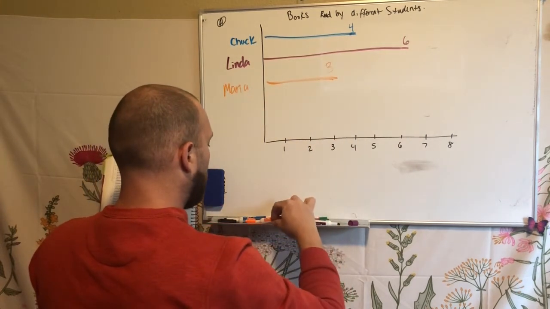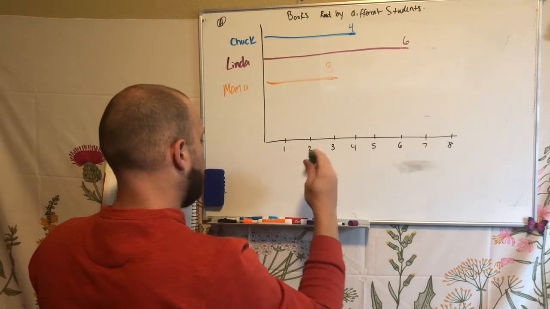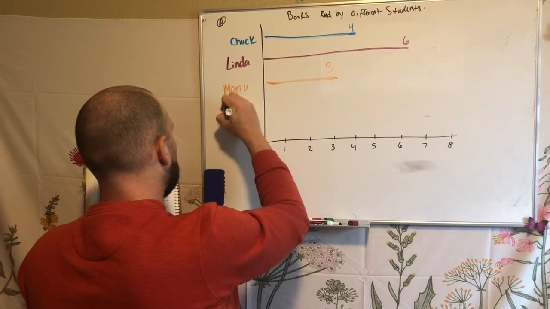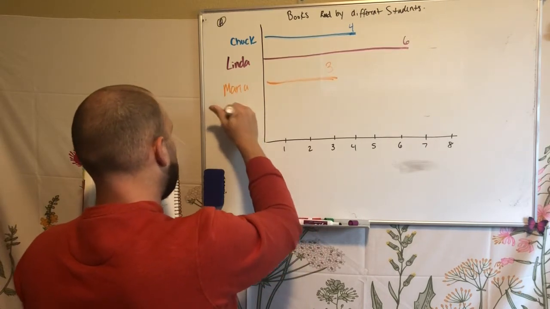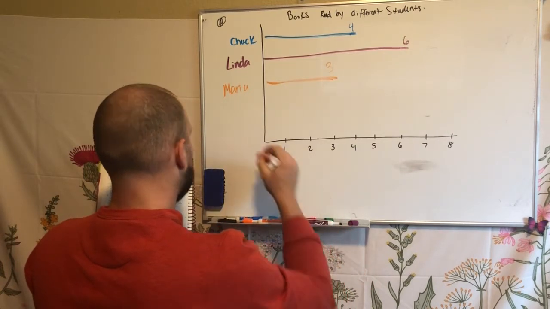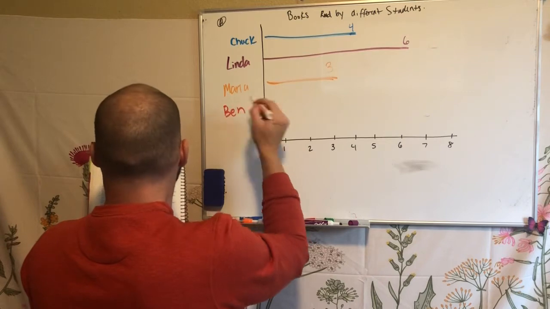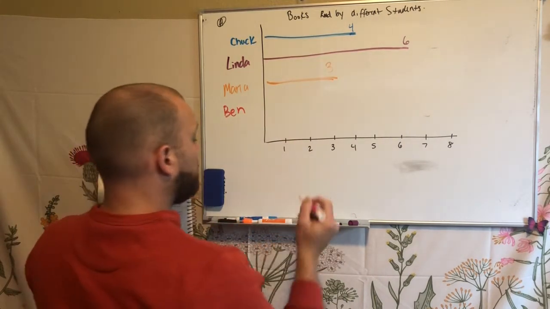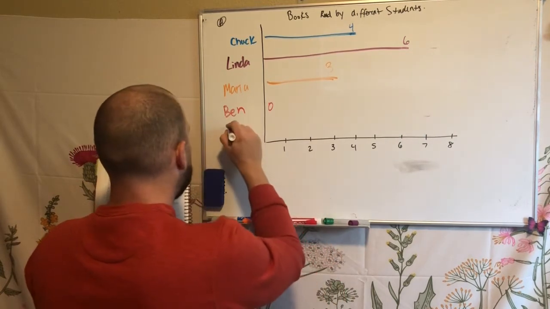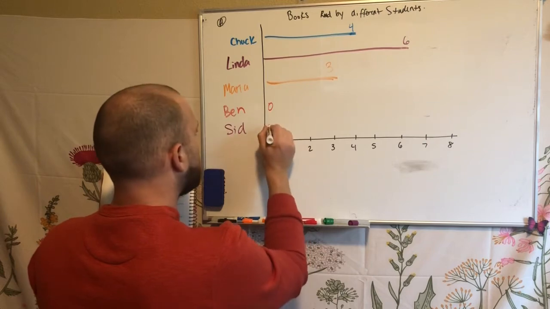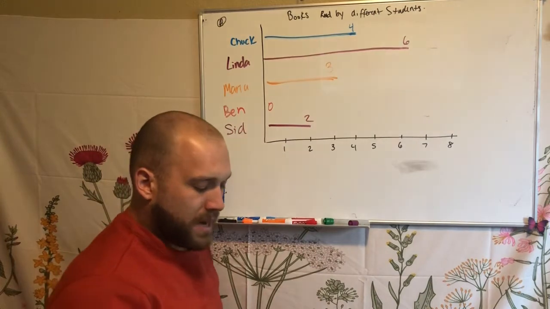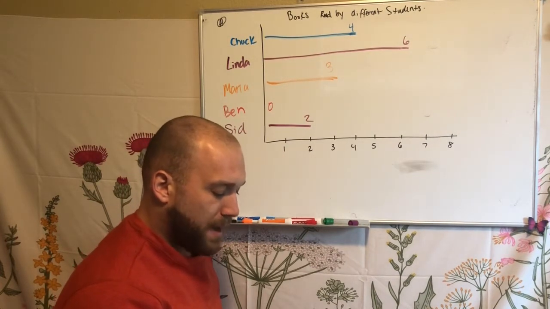Three. Then we have Ben. Ben didn't do anything. 0. And then we have Sid. Sid read 2.